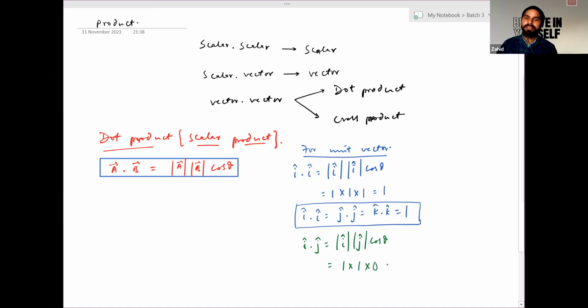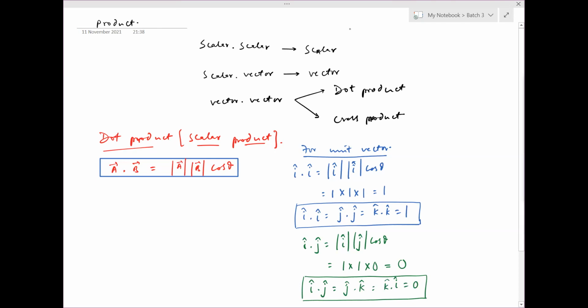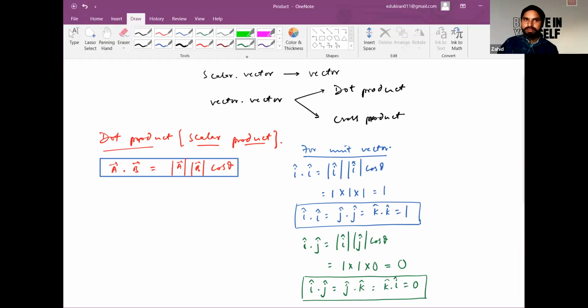And 0 multiplied with any number will give you just 0. So we can conclude the dot product of any different unit vectors, that is I dot j, j dot k, or k dot I, will be 0. Muhammad Umar, any doubt till this part? No. Good.